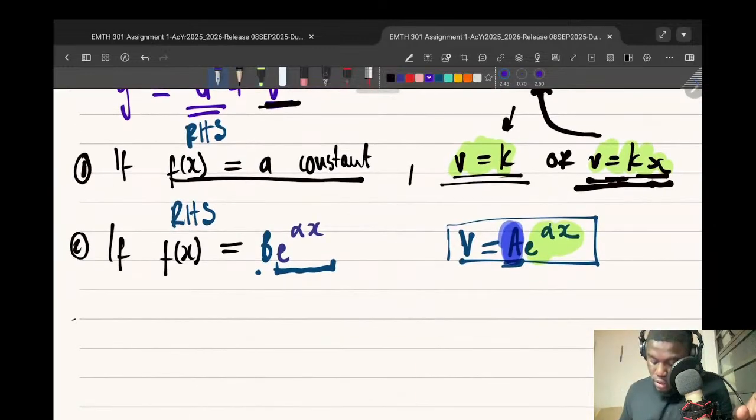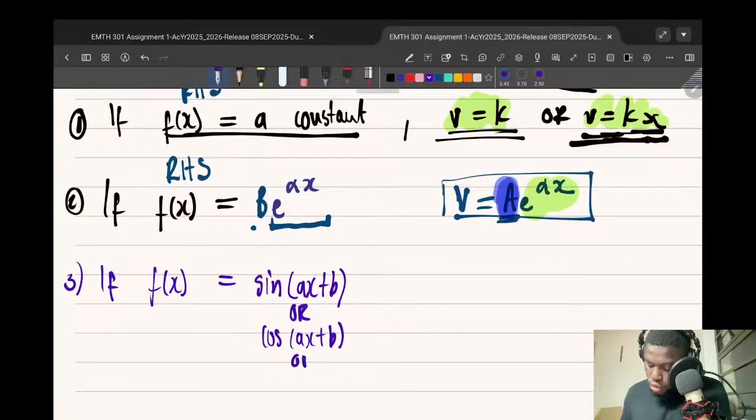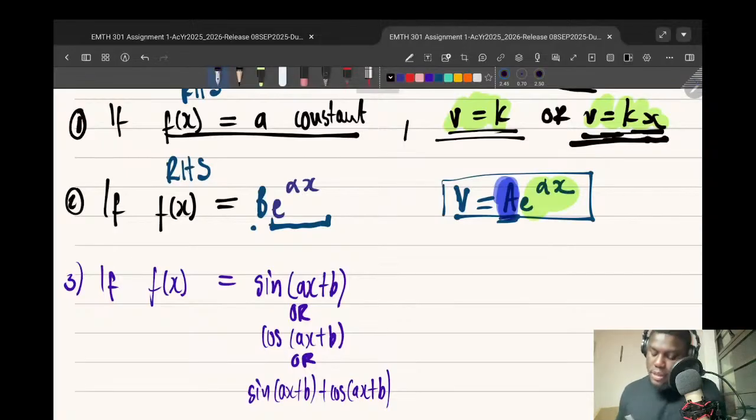What about, you say to me, what if f of x is going to be equal to a trig function? So if it is equal to sine of ax plus b, or if it is equal to cos of ax plus b, or if it is equal to sine ax plus b plus cos ax plus b. We don't care whether it will actually come out negative or positive. When you get it like this, look at how you're going to put your v.